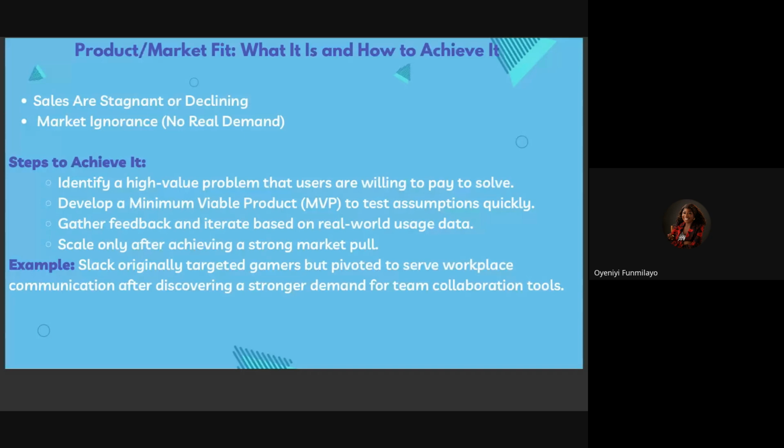So they looked for a high value problem, which was the lack of communication in the workplace. So instead of going towards games, they pivoted into workplace communication. After discovering a stronger demand for team collaboration tools, they killed their game idea and focused on team collaboration.